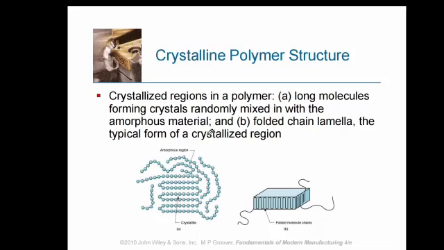And the crystallized region in a polymer is represented by long molecules that form crystals that are randomly mixed with amorphous material in structure labeled A. So you find that in this region, the straight chains that are arranged in a fixed order represent the crystalline area, whereas the amorphous region is represented by these long chains or the folded lamella.